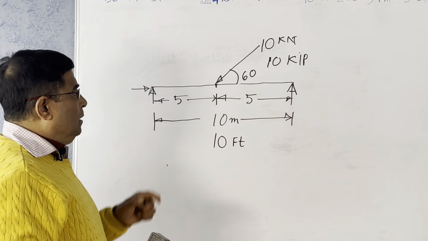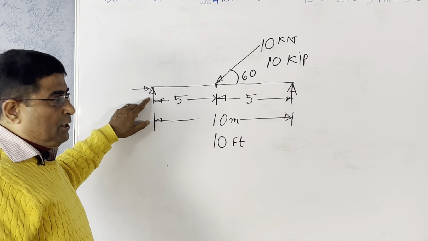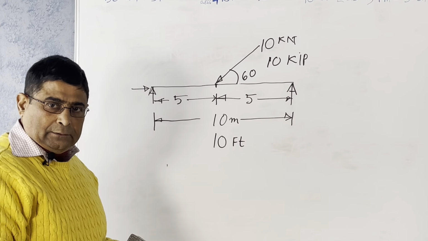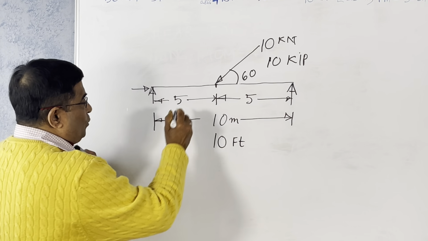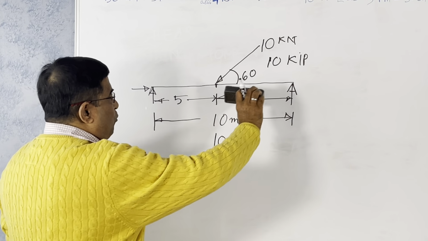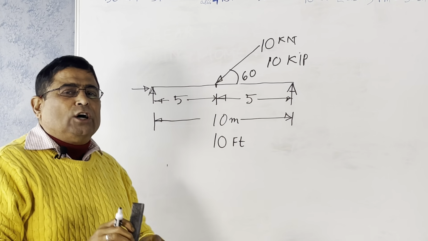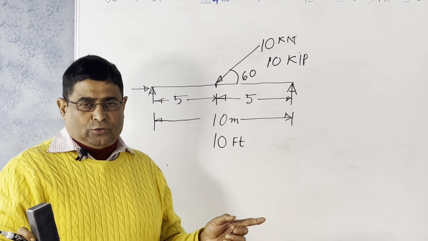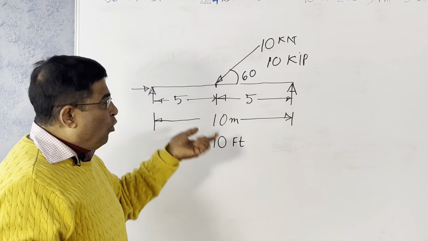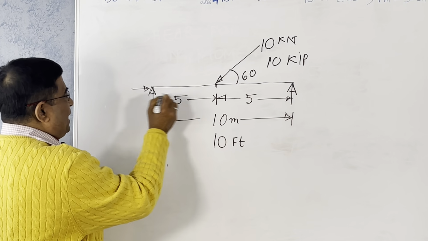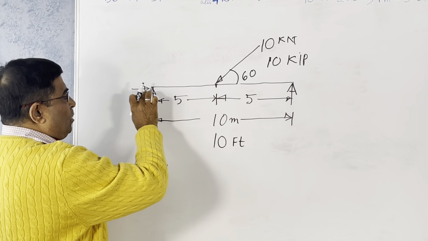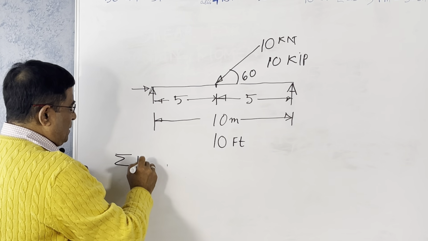Now, first of all, we have to find out the reactions. Think of this as the inclined load. The part of this force that goes along the axis doesn't cause any moment or any shear force. Axial force doesn't cause any shear force, so you have to ignore that. Summation of horizontal force equals 0.